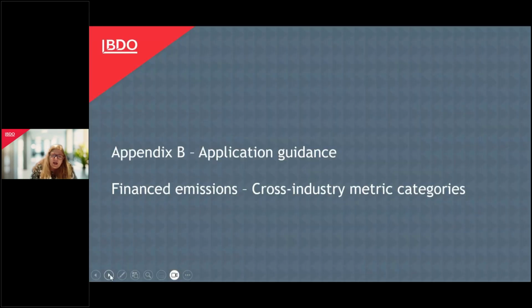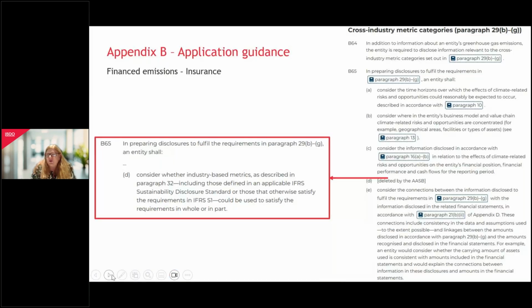There's also some guidance across cross-industry categories, and I've included it there for you so you can see: an entity shall consider the time horizons over which these climate-related risks and opportunities could occur. They will consider their business model, their value chain, etc.